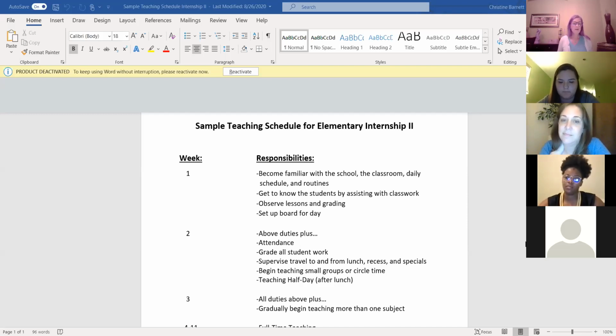I've had other interns who have had very limited experience really teaching with kids, like their first placement was more of an observational situation, or they were really nervous. So you've got to feel out what you feel comfortable with and what your supervising teacher feels comfortable with. Some of them are more reluctant to give up control as well. So sometimes that's an issue we have to work with.